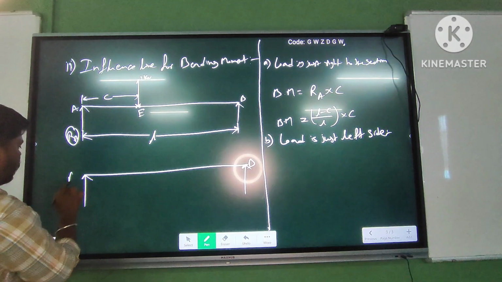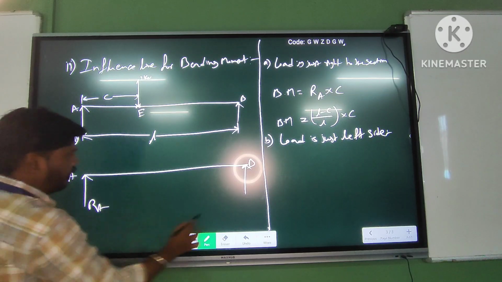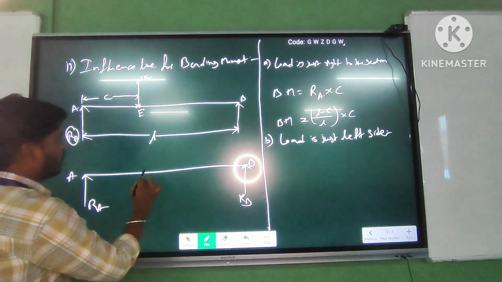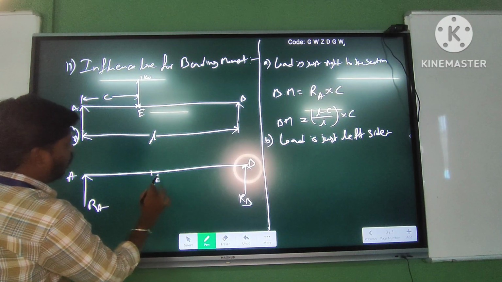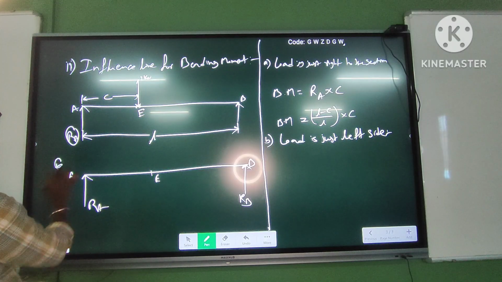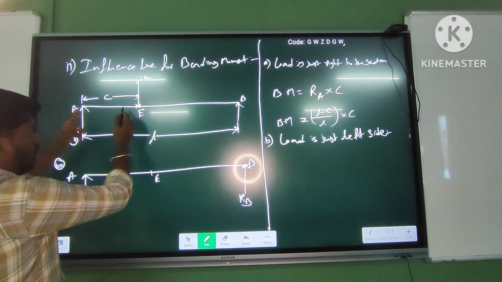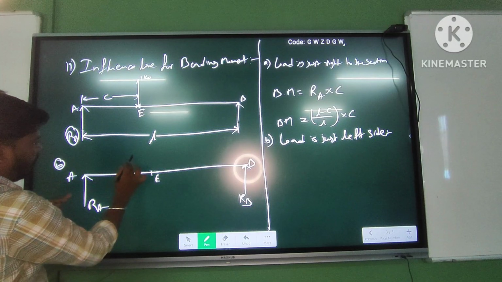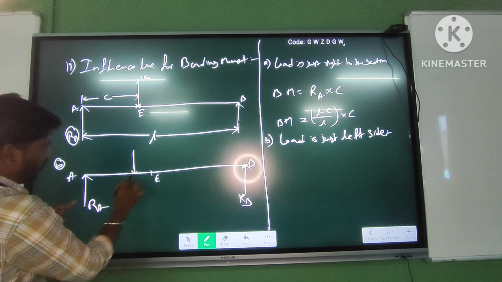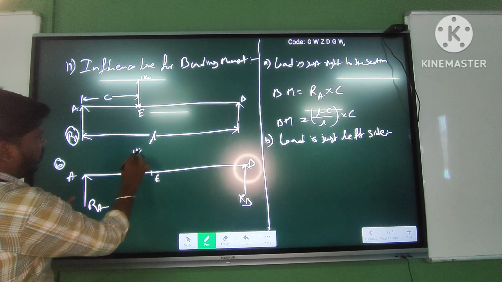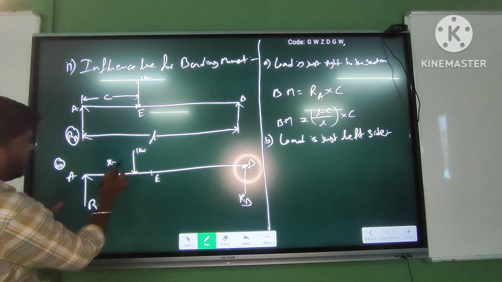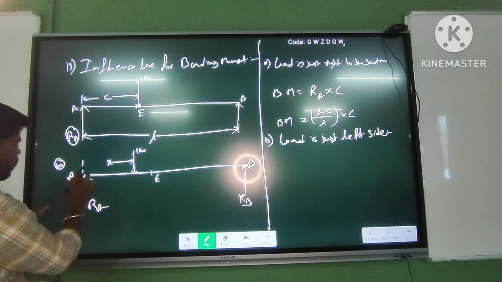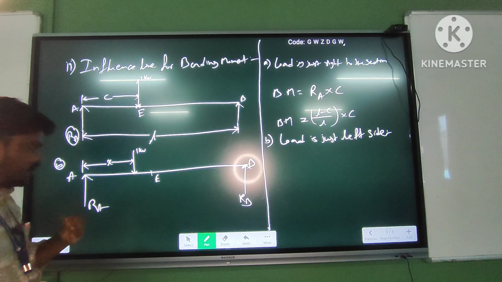This is B, this is A and RA, RB. This is condition B, when the load is just left side of the section, and that too with the distance of x from point A. Let it be like this here. This is 1 kilonewton at a distance of x here.